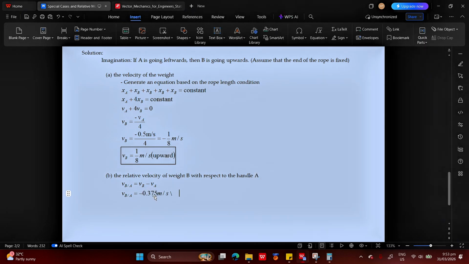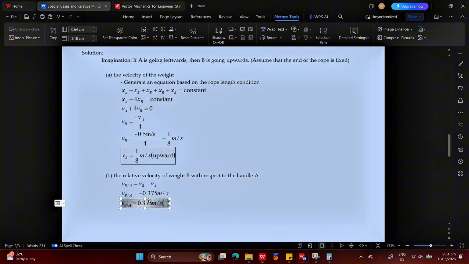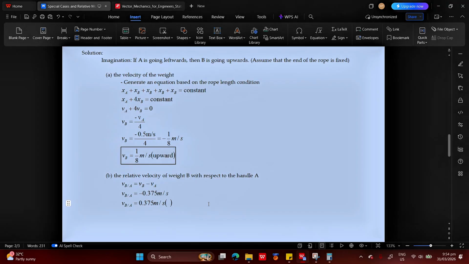Or if we include its direction, what is its direction? Wait, actually this is a very important situation. That's why I included it here.